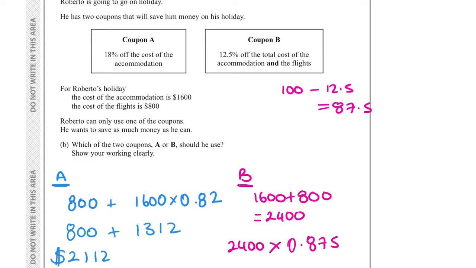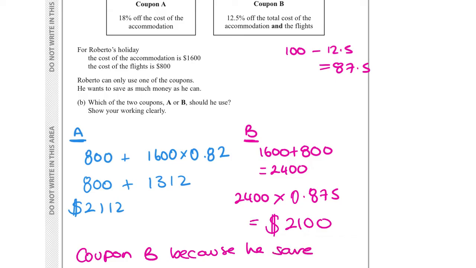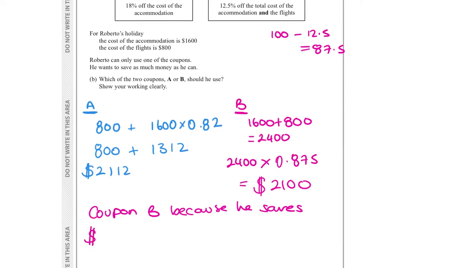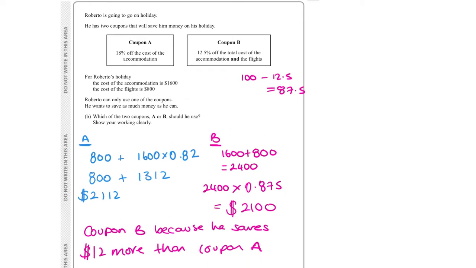So 2,400 times 0.875 is going to give me 2,100. Which coupon should he use? Coupon B, absolutely, because he saves $12 more than coupon A. Perfect.